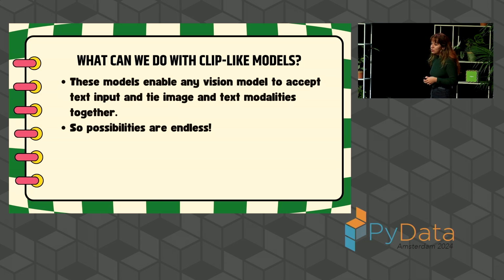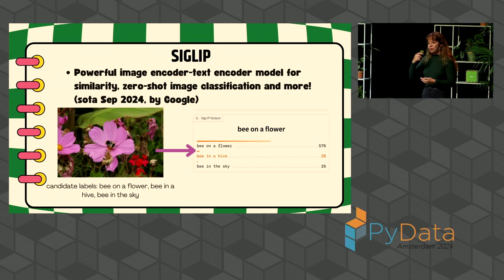With CLIP-like models, you can do anything. Essentially, the image search on your gallery is likely a CLIP-like model. Another thing is you can use it for zero-shot image classification, which is what it relies on, honestly. It's the same use case. I will come to how it's used later on again.